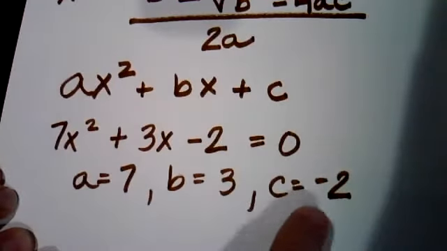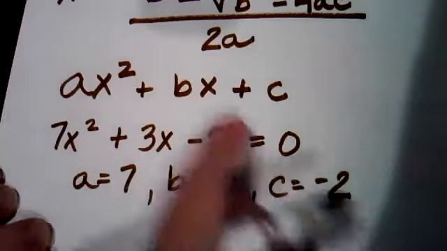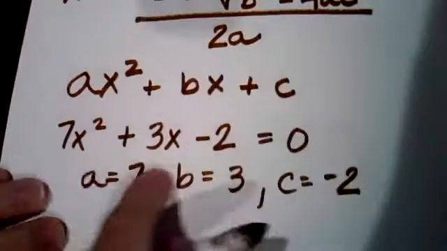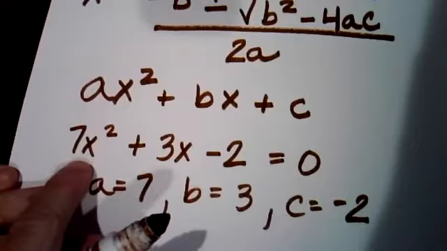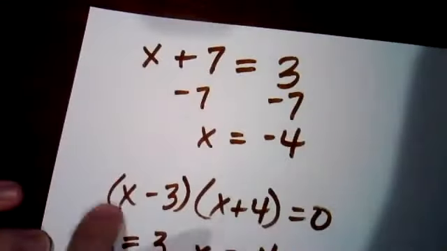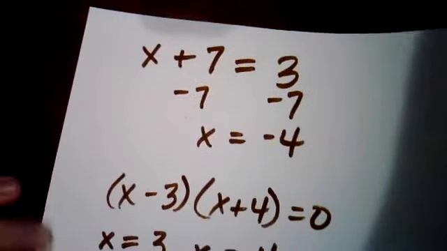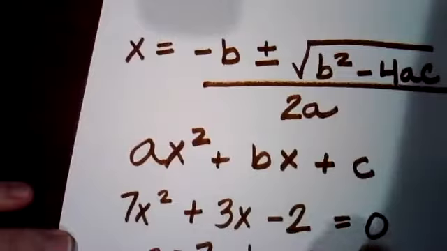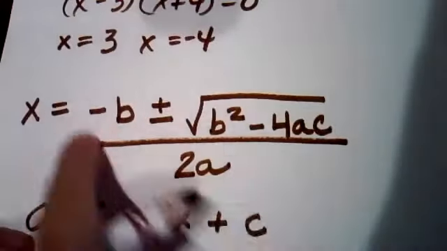Okay, so if you were to solve for x in this case, you could see if you could factor it into something like this up here, which that particular one doesn't factor to that, but you could do that, or you could plug it in to this formula right here.